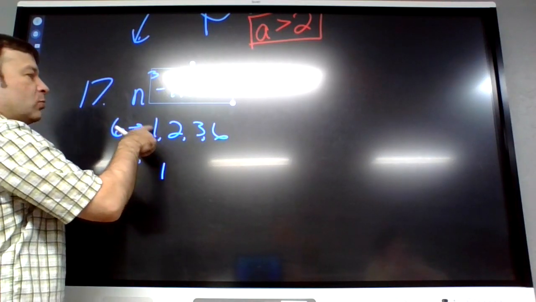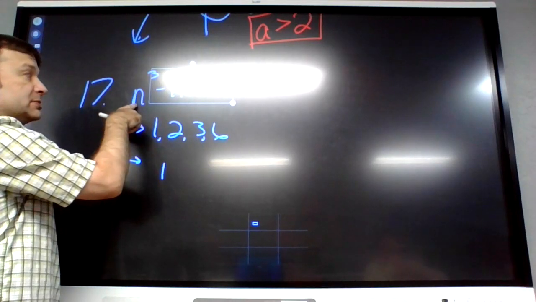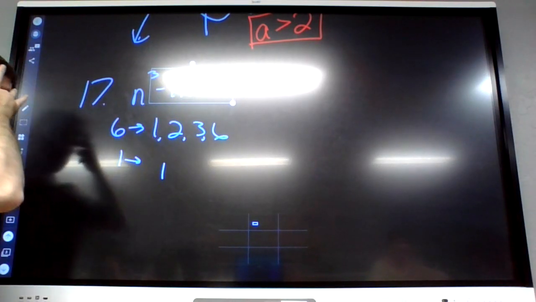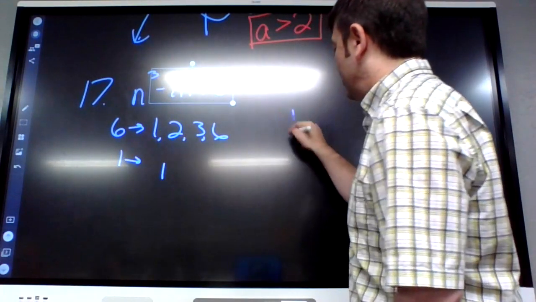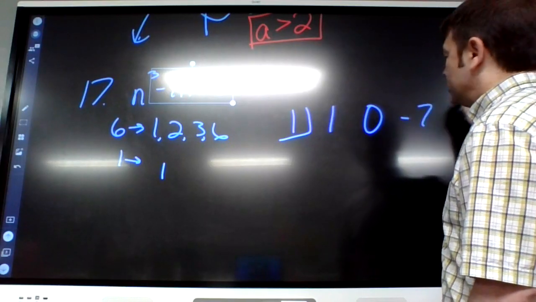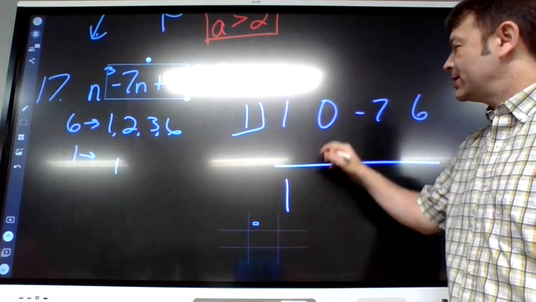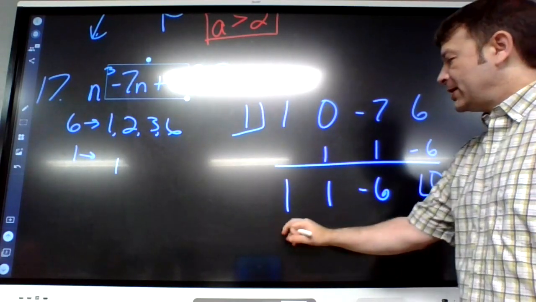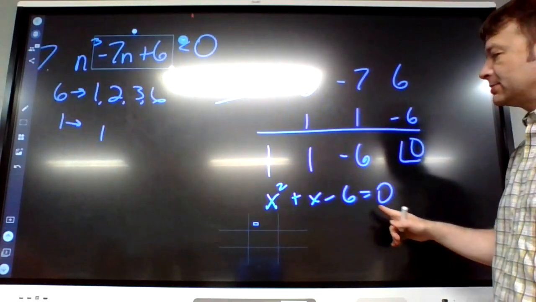So if I plug in one, for example, right here, would one work? Yeah. 1 minus 7 plus 6? Yeah, that works. So 1 is one of the answers. And what we did, this is on our last test, we used synthetic division to take that one answer out. And this right here contains the last two answers.